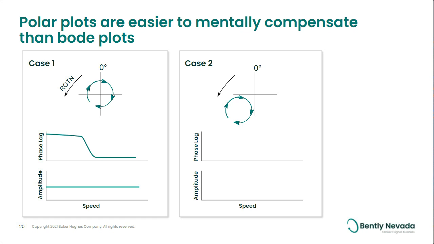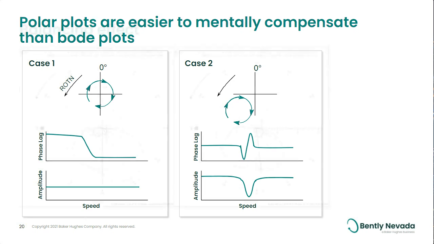Very difficult to tell. And then in case 2 over here, you're just in one quadrant and your amplitude is going up and down. So actually it's going to go down and up. So this is what that's going to look like. Again, very difficult to figure out where your resonance is, how bad it is, etc. Wouldn't want to have to balance off of a Bode plot.